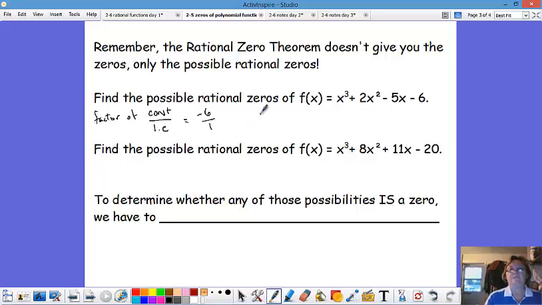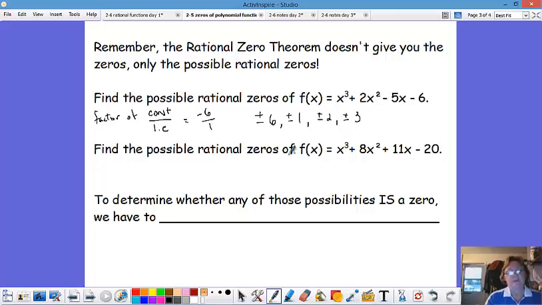Our possibilities would be positive or -6, positive or -1. The only other rational things that can come up are plus and minus 2 and plus and minus 3. Those are the only possible rational zeros for this function.